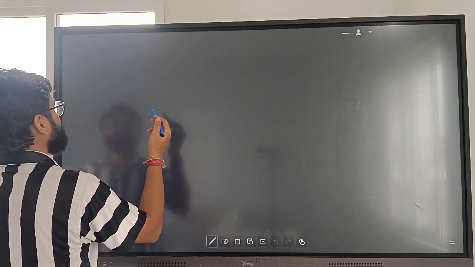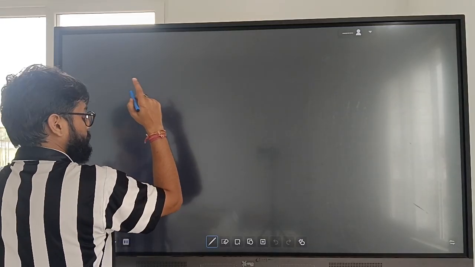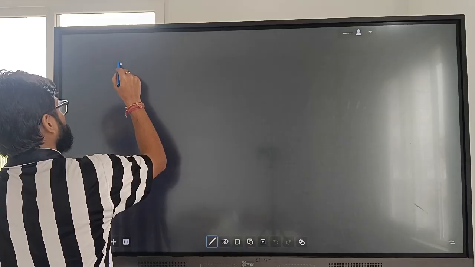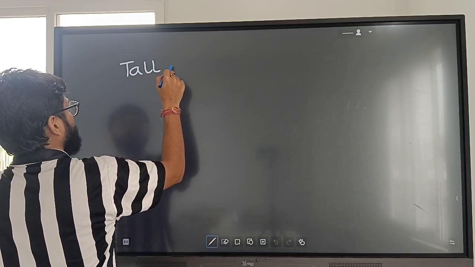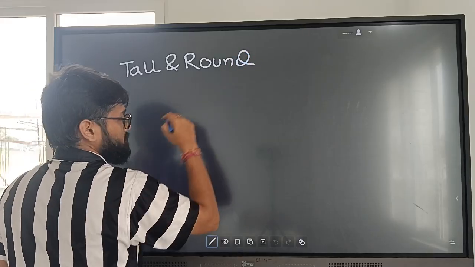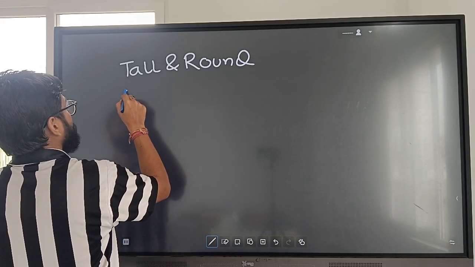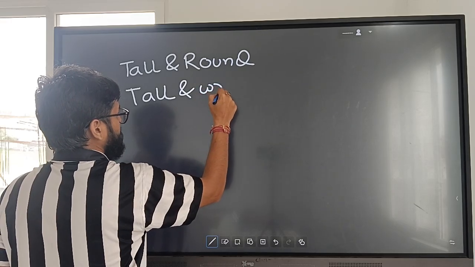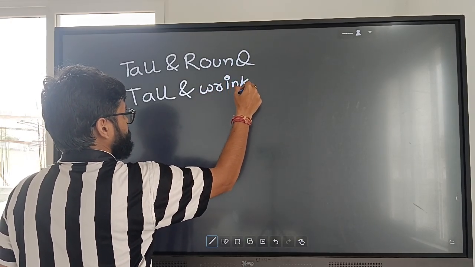Just remember that for the first you will get all types of dominants, that in our case is tall and round. You will get one possible combination of this, right? Then you get tall and wrinkled as another possibility.